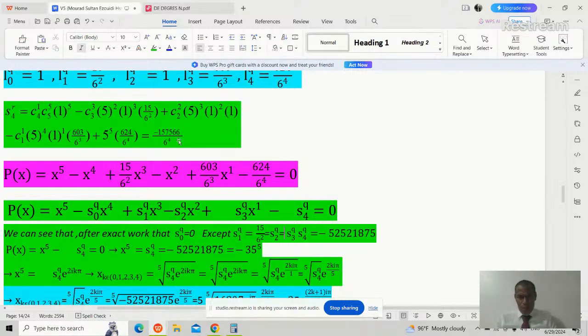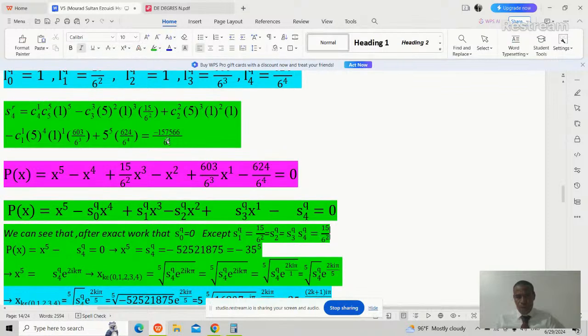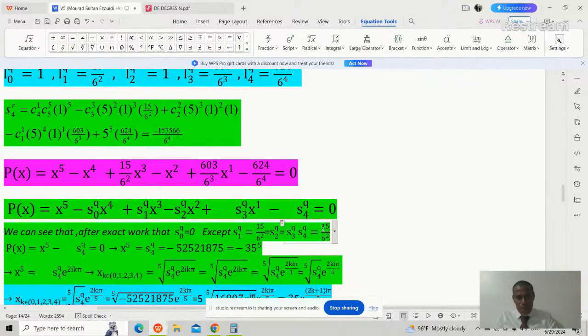I will write here S4, it's better. S4 is negative 157,566 divided by 6 raised to the power 4.